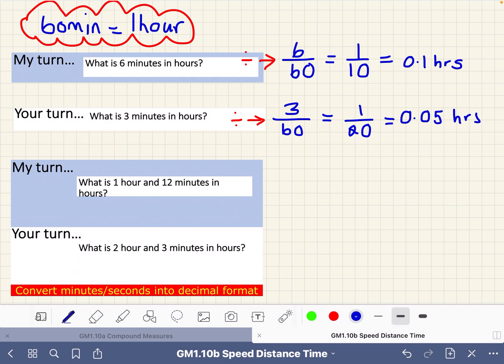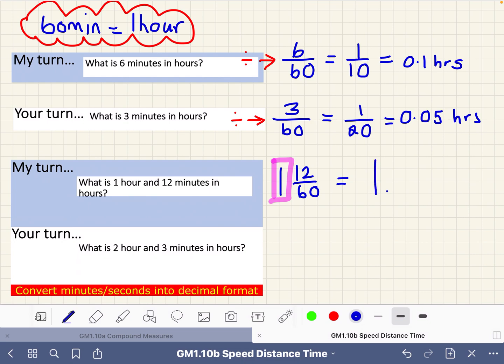Now the next my turn question involves hours and minutes. We would express this as a mixed fraction to begin with. So what is 1 hour and 12 minutes in hours would be 1 hour and 12 out of the 60. This one would be our value before the decimal place when we converted this to a decimal.